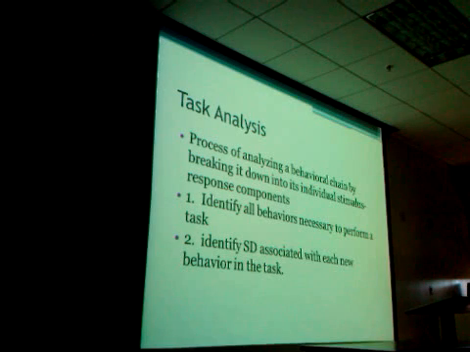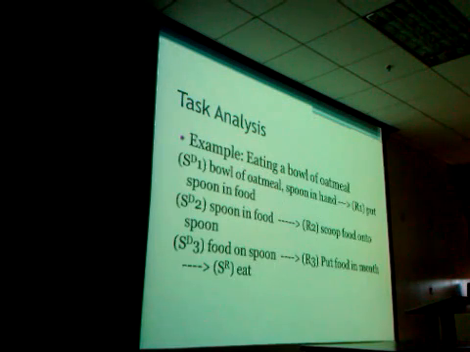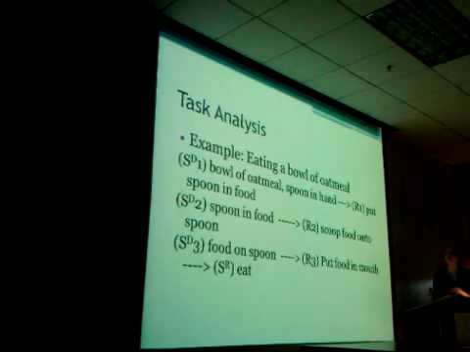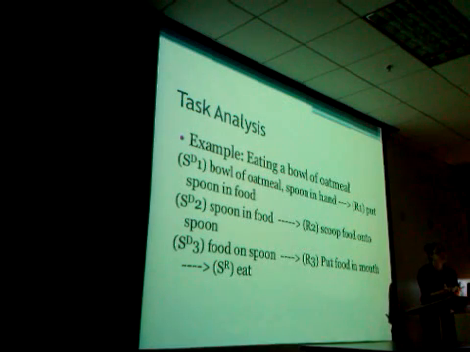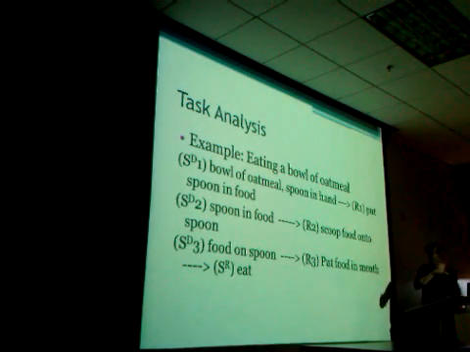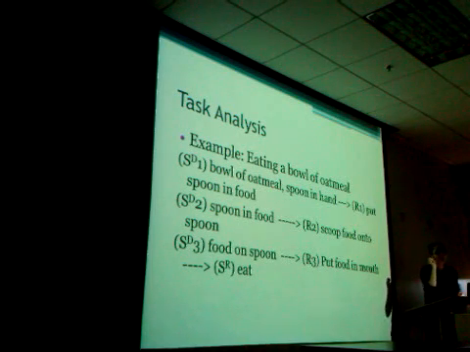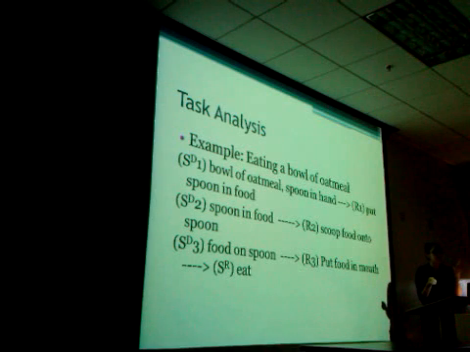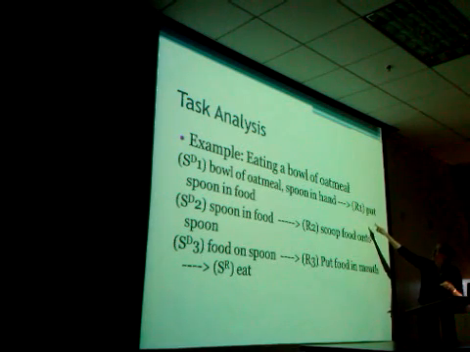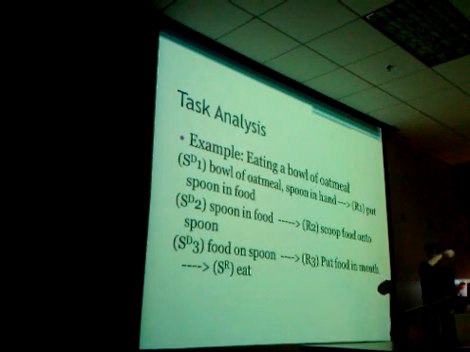So another example. Eating a bowl of oatmeal. The first SD that must be present is for the bowl of oatmeal to be present. I have a spoon in my hand and a bowl of oatmeal right in front of me. That's the first SD. Then my response would be to put the spoon in the bowl, in the food.